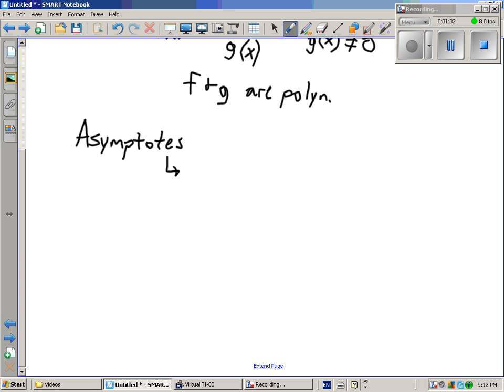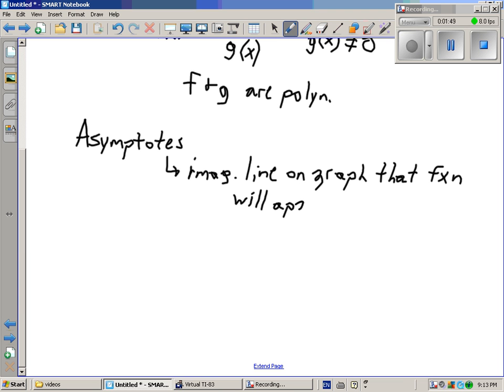An asymptote is an imaginary line on a graph that a function will approach. And we can have vertical asymptotes, we can have horizontal asymptotes, we can have slanted asymptotes, we can have all kinds of different kinds of asymptotes. What we're going to get into today is vertical ones.